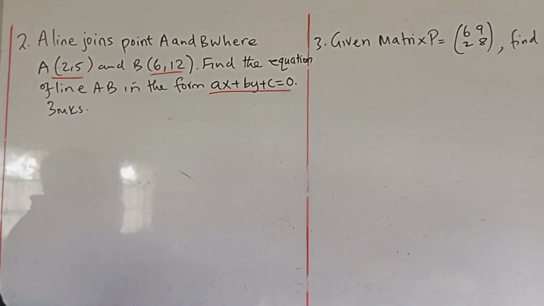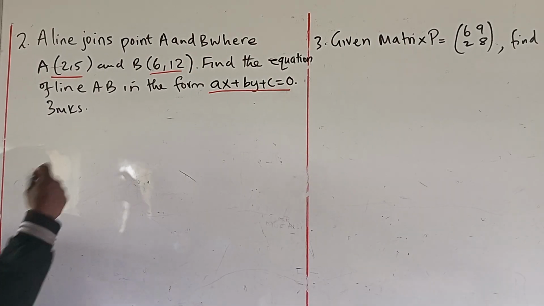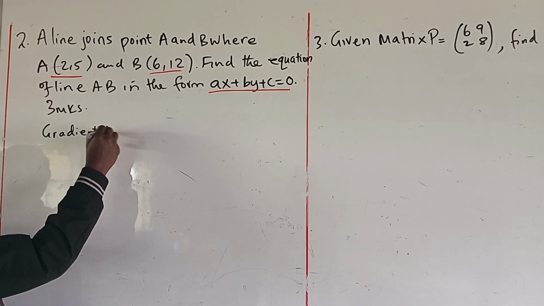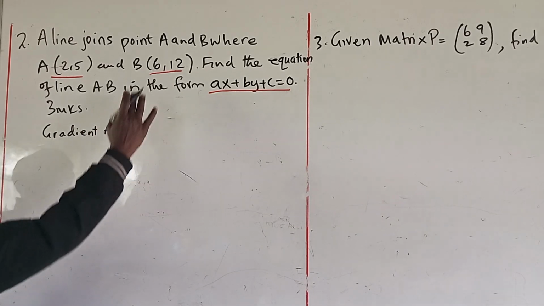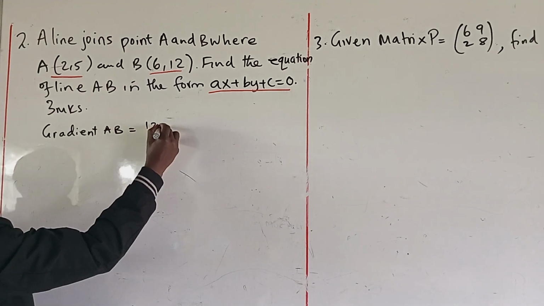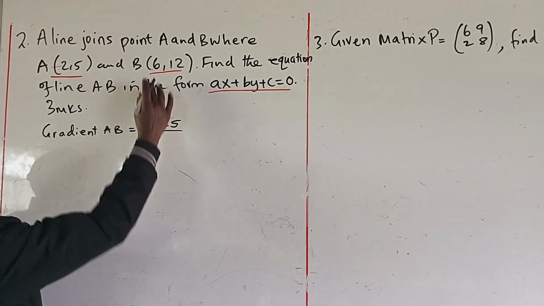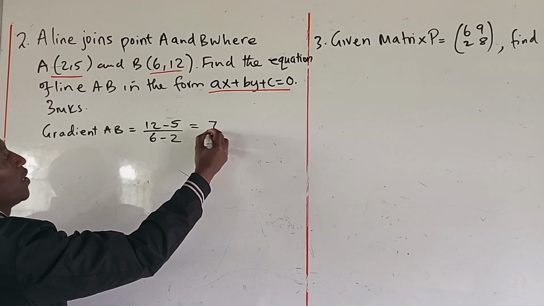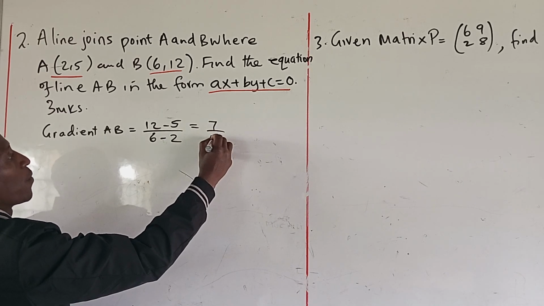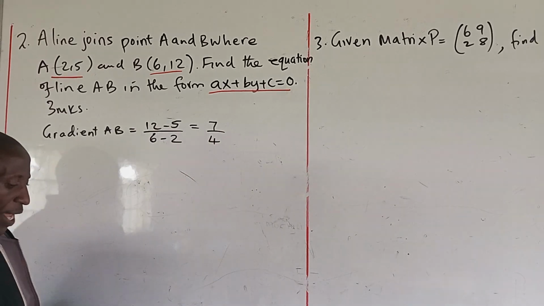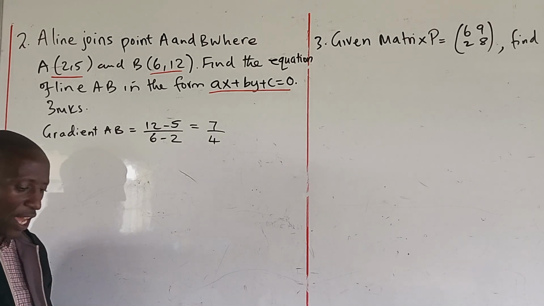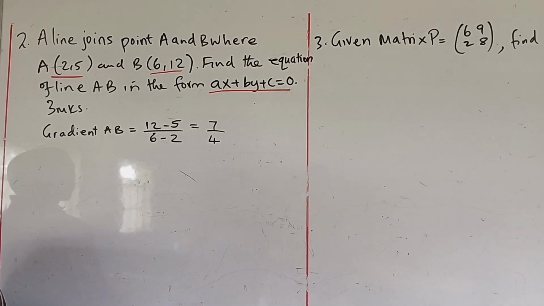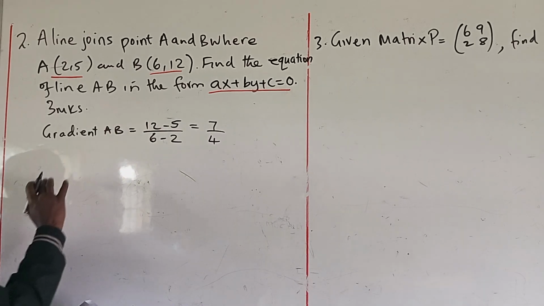Right, let's look at this question. The first step is to look for the gradient. The gradient of AB should be given by the change in y, 12 minus 5, all over 6 minus 2. And that gives us 7 over 4, and you can leave that gradient in that form. Then we want to get the equation of the line.